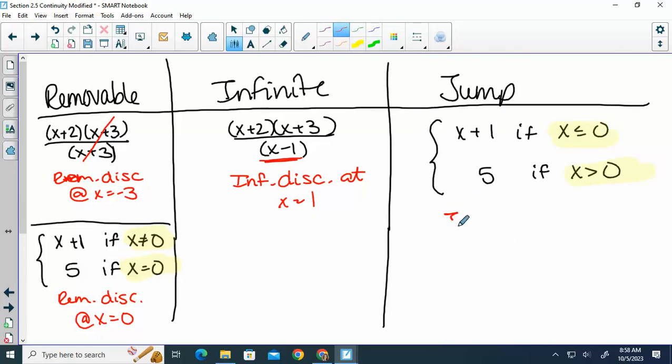Then that makes it a jump because you will physically jump from one piece to the next at that x value. So these are just some general guidelines to help us identify what kind of discontinuity we should expect.